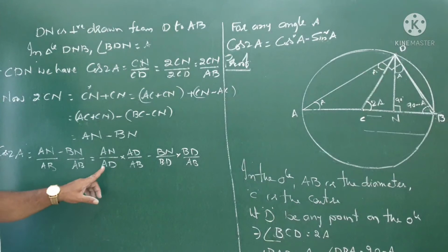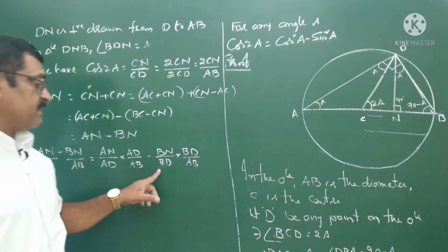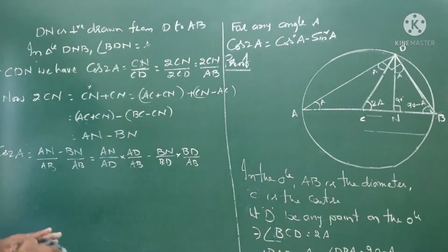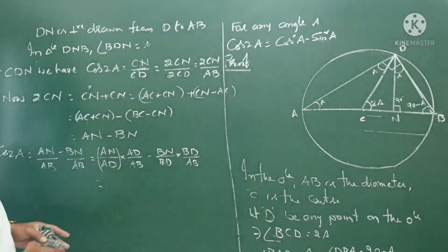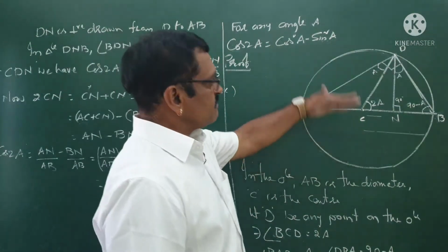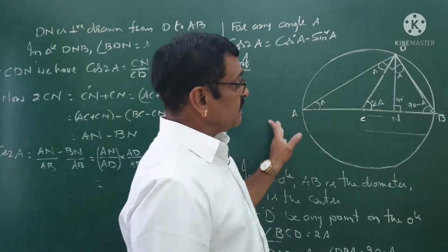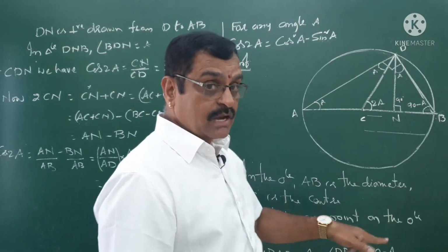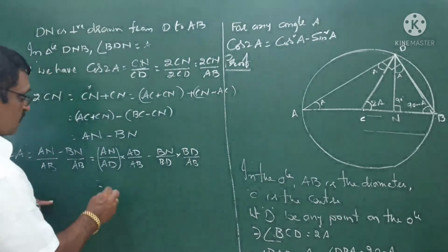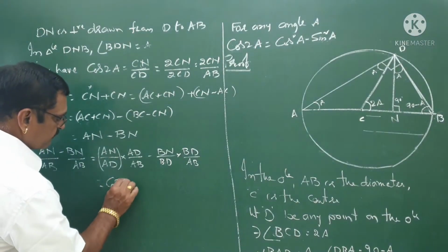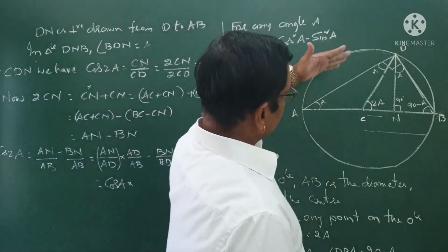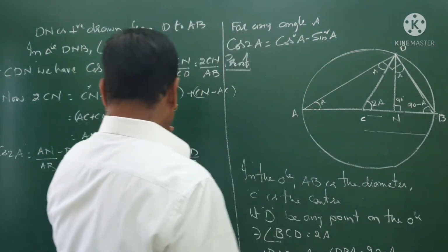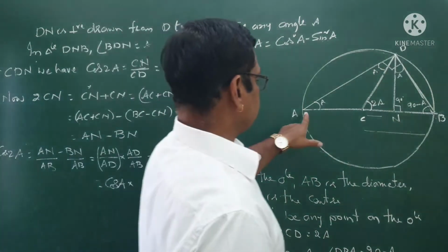Now focus on AN by AD, which is equal to cos A from triangle AND, times AD by AB.